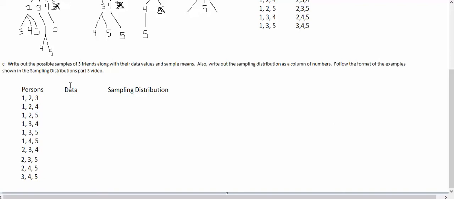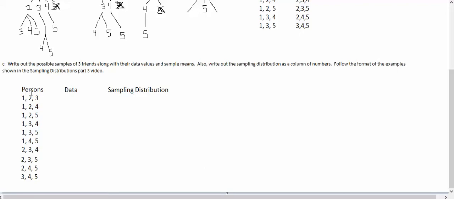And then in this column that says data, write out the 3 data values of each of the 3 people. So I'm going to have you format part C like this.